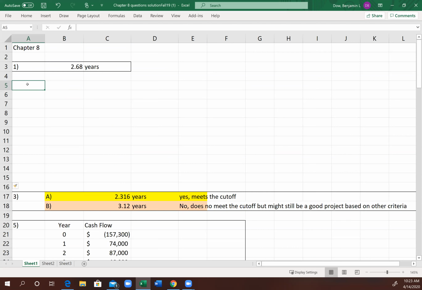All right. And so the first question just says, hey, what is the payback period for the following cash flows? So we have an upfront cost of $7,800. We've got $3,100 coming back in year one, $3,200 coming in year two, $2,200 coming in year three, and $1,400 coming in year four. So we're trying to figure out when it is that we get paid back.